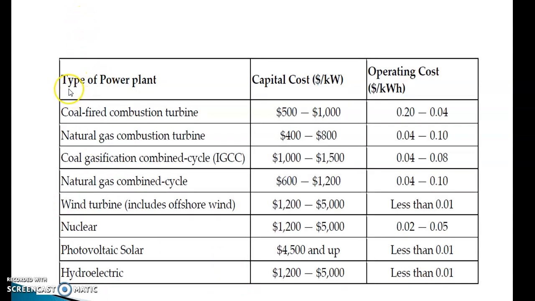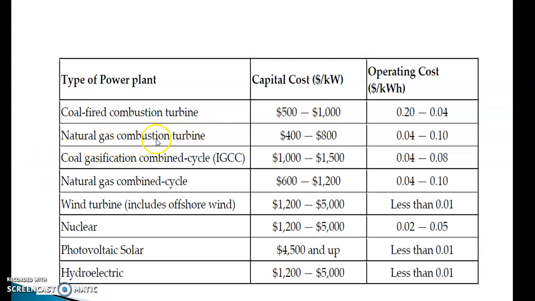Typical capital and operating cost for different power plants. There are three different columns. First one is type of power plant, second one capital cost, third one operating cost. First, coal-fired combustion turbine: the capital cost is 500 billion to 100 billion, the operating cost per kilowatt hour is 0.20.